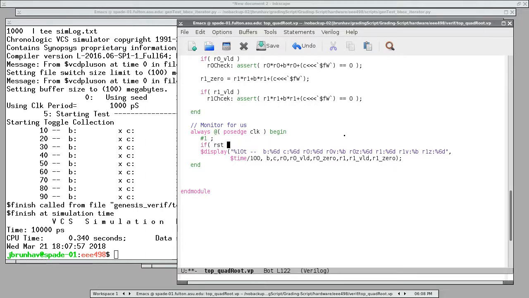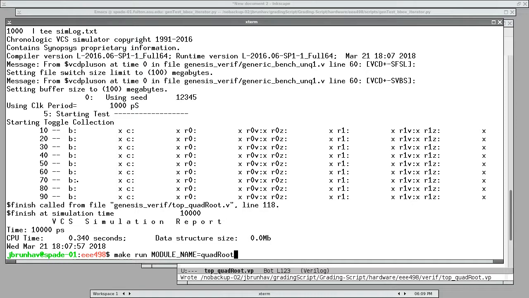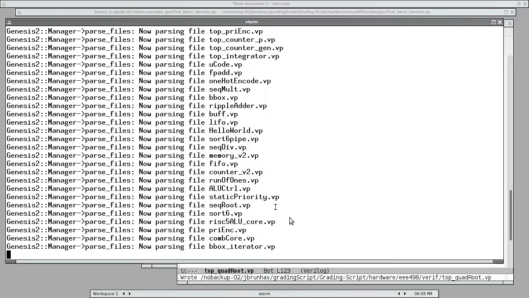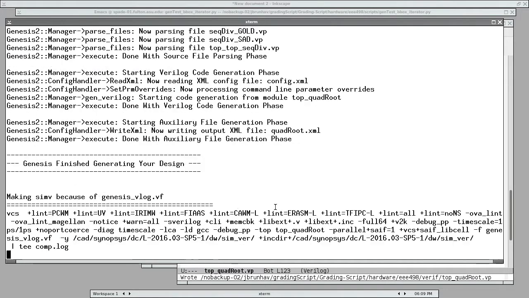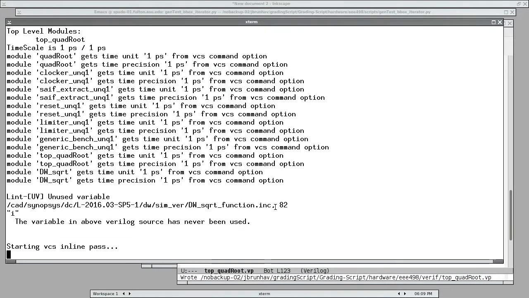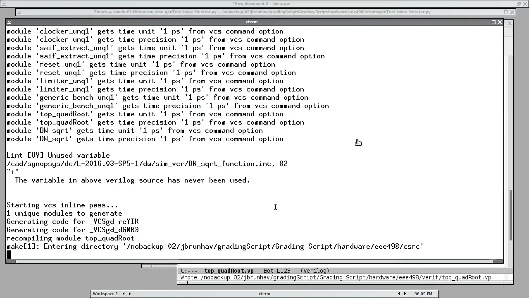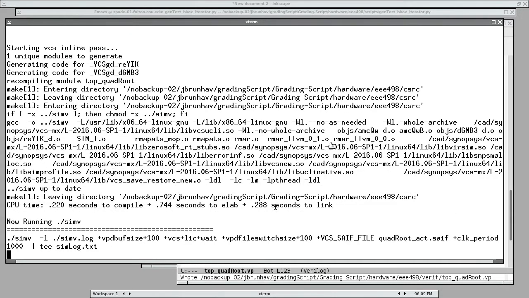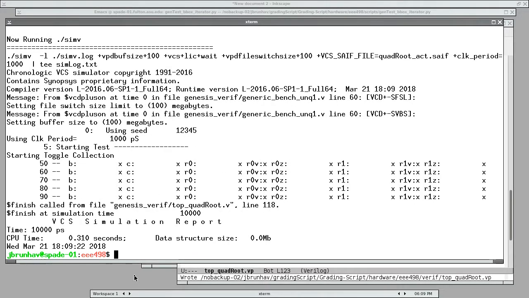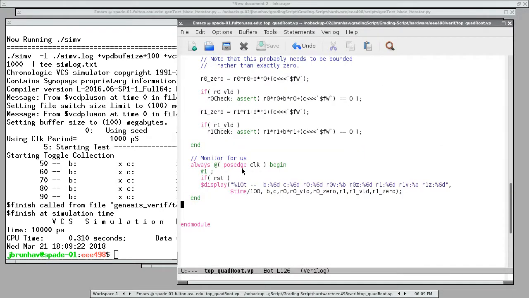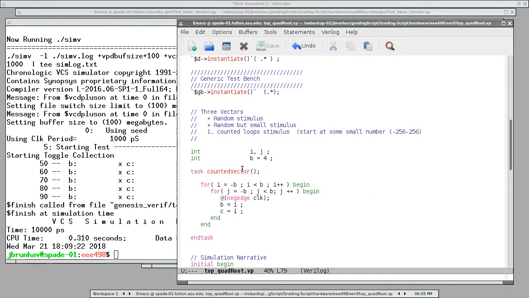If reset, display. Okay, good. So we're not printing while we're in reset, so it appears that something is getting set to X.